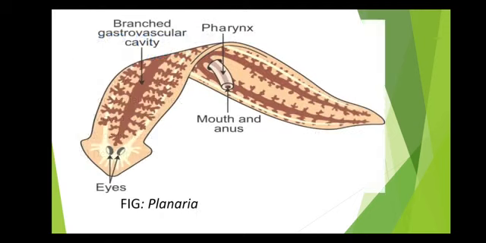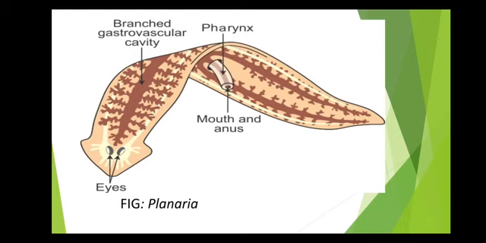So you can see one example of planaria. You can see the structure of the planaria. The important features: planaria, also known as Euplanaria, lives in flat freshwater, mostly scavenger, also feeds on protists.